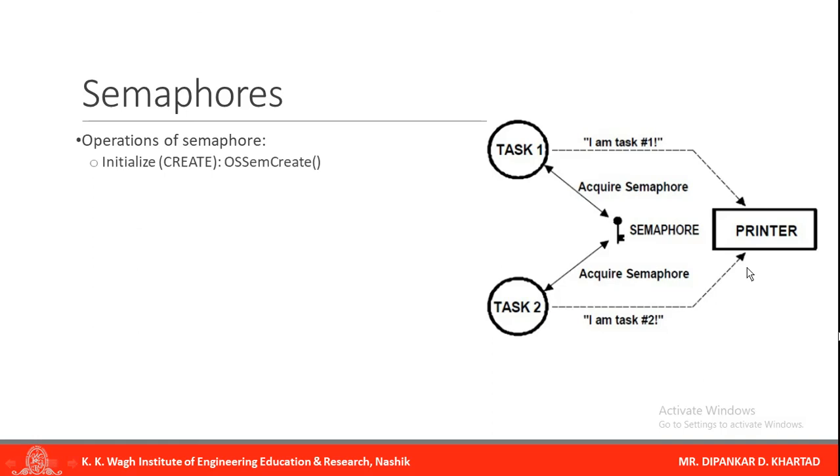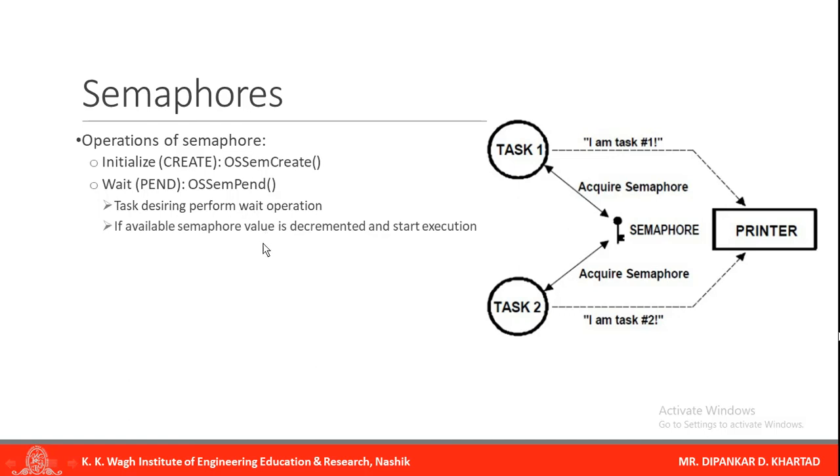So the operations are, first one, initialize, meaning we have to create the semaphore. The syntax is OSSemCreate. Next is the waiting condition, OSSemPend. So in OSSemPend, the task desiring to perform a wait operation: if the semaphore is available, its value is decremented and the task starts execution.